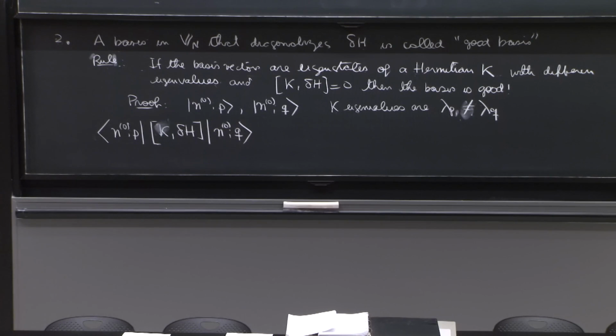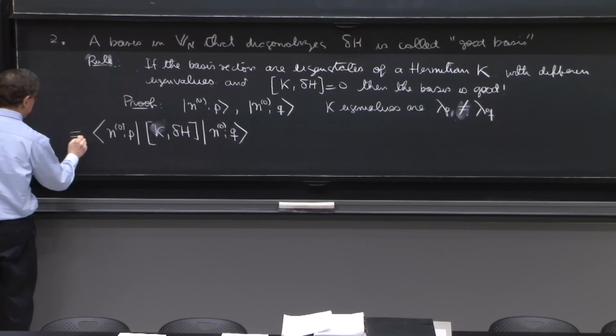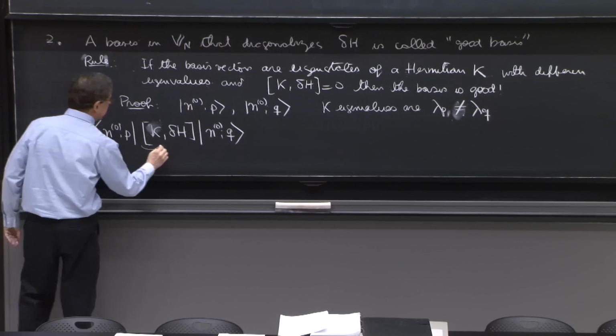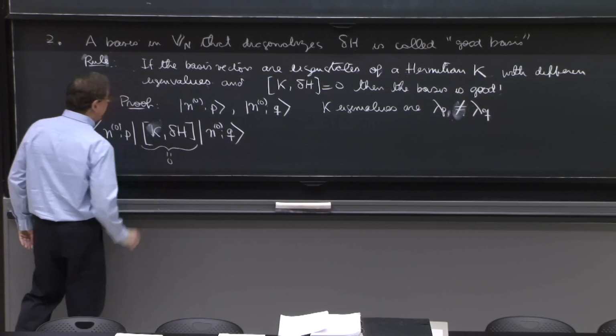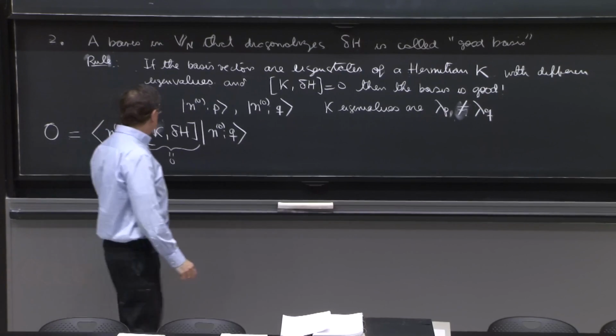Consider that matrix element. Since we say that K commutes with delta H, this must be 0. That operator that we've put in between the states is 0, so this is 0.